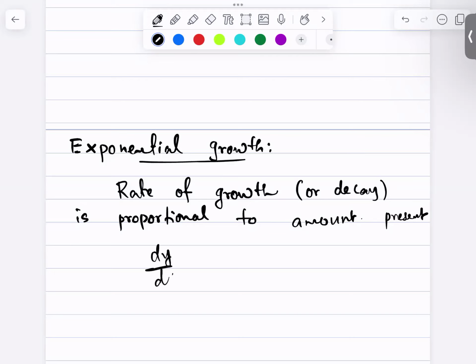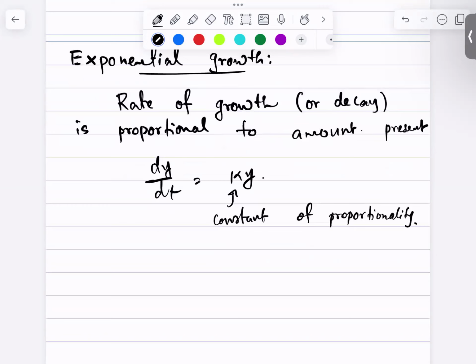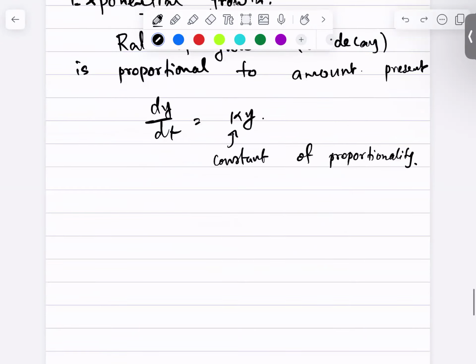So for example, say dy/dt is ky, where k is a constant of proportionality. When I have this type of differential equation, we call the growth exponential. For example, in various population models, the growth usually is exponential growth.